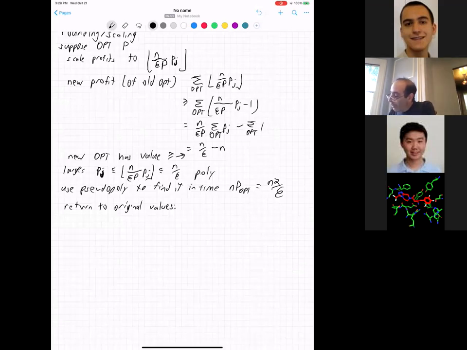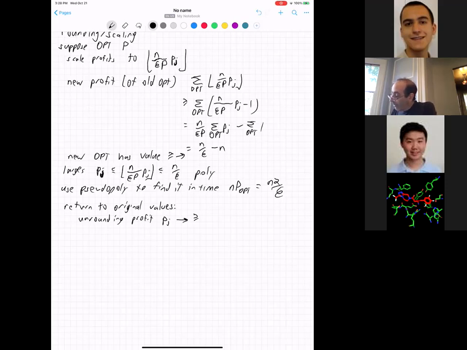Well, what happens to a profit when we unround it? How does it change its value? Well, we multiplied and rounded down. So for unrounding, we're going to make it a little bigger, pj plus a fraction. And then we're going to multiply it by epsilon p over n.